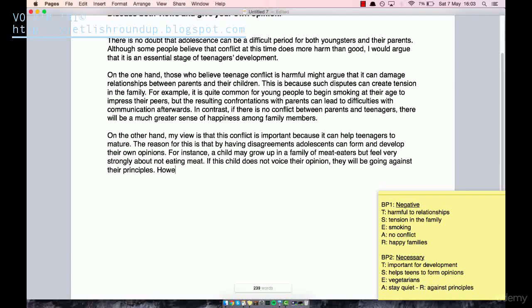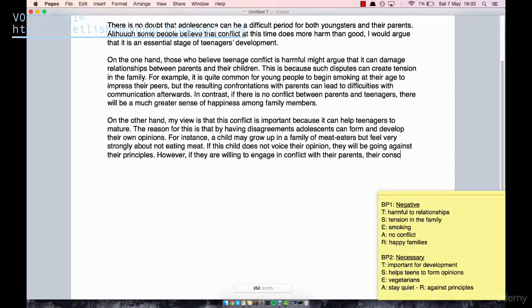So I could say, however, if this child, or if they, referencing, if they are willing to engage in conflict with their parents, their conscience, oops, I've spelt that wrong, haven't I? Their conscience will be much clearer despite the, what's a negative word?